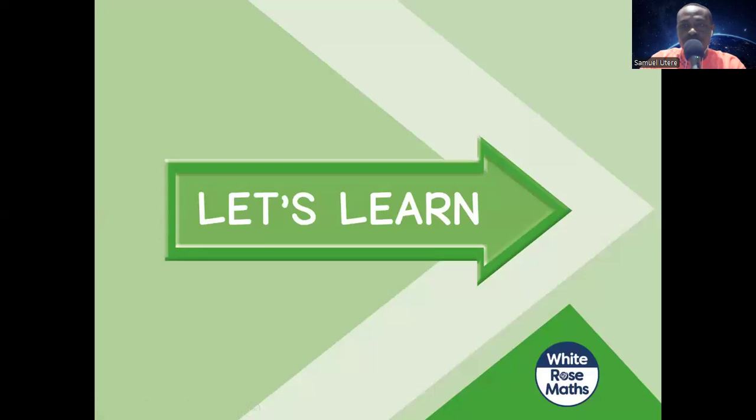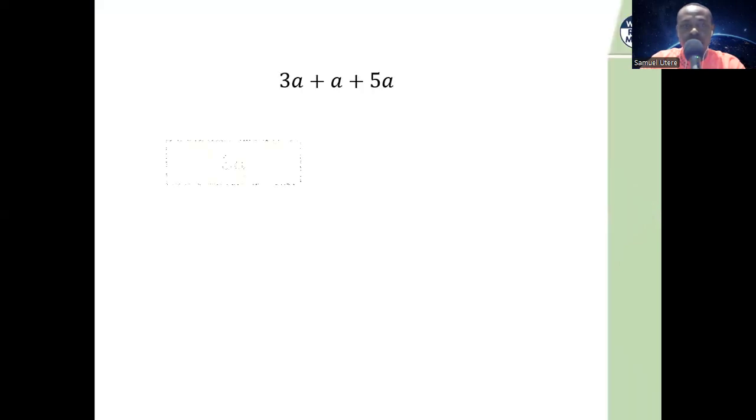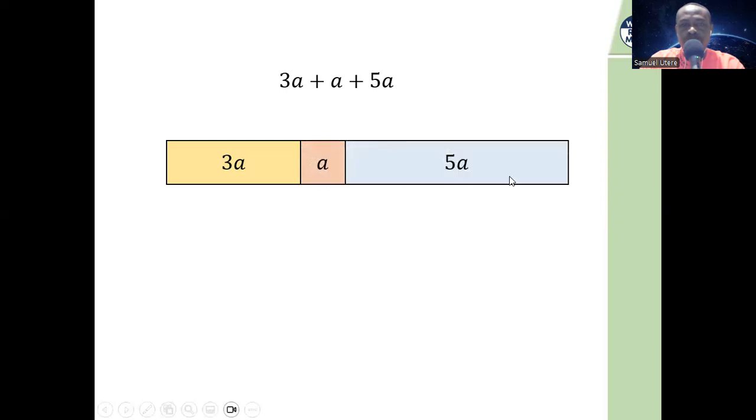Okay, let's do some new learning. So, if I give you this expression, 3a plus 5a, what do you think it's going to be equal to? If we use the bar model to represent this, this is what we'll get.